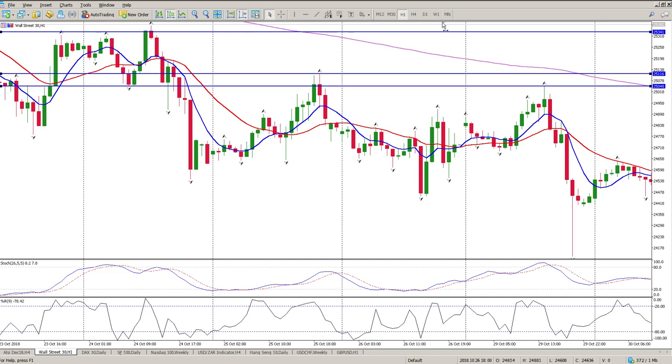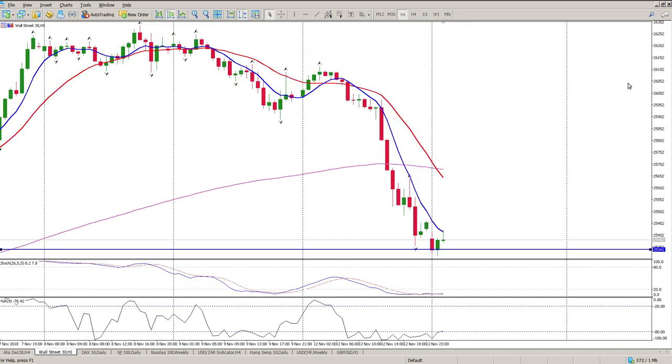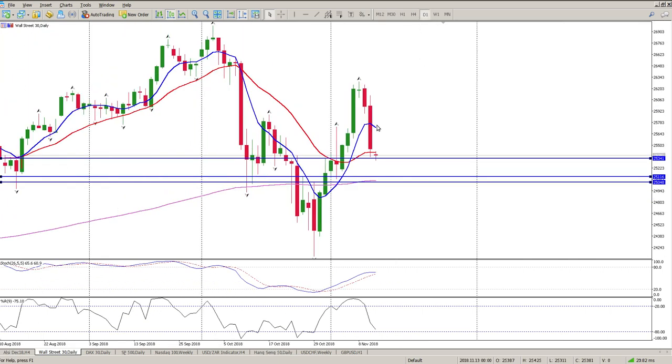Let's get down to the hour, and we'll have a look quickly on a Bollinger to see what's happening here, but it's looking to me like we've got a bit of divergence here. It's starting to trade off, so I'm just jumping back to the daily.